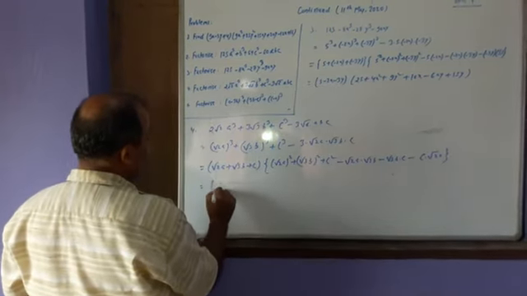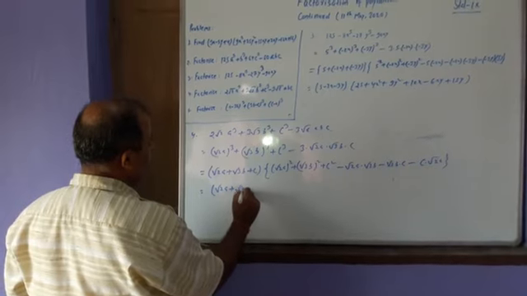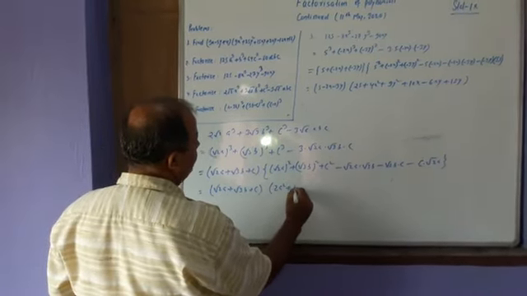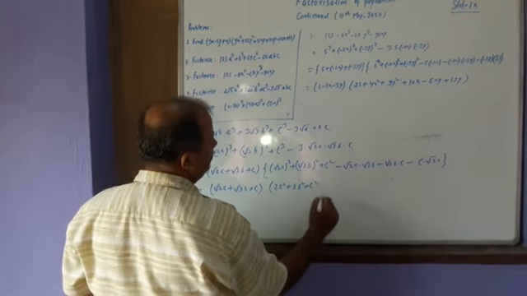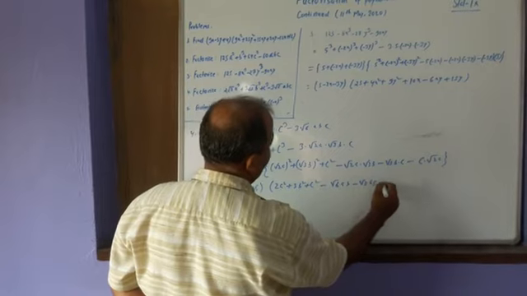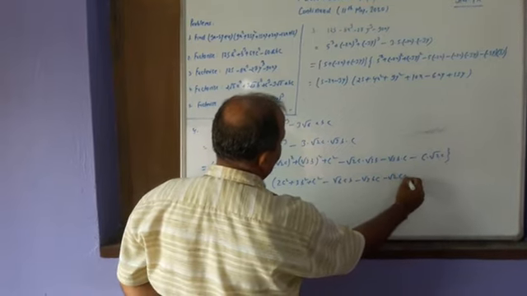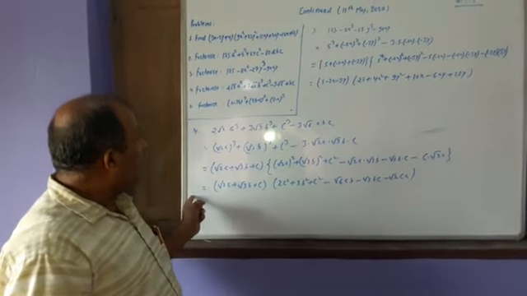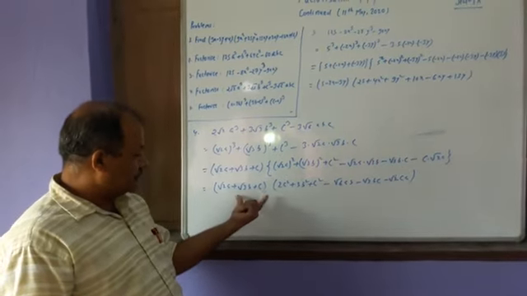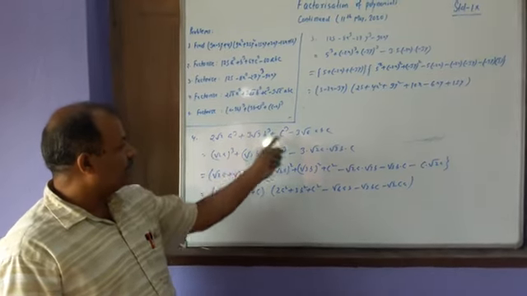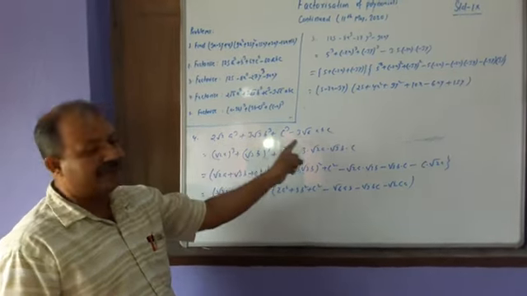This will give root 2a, root 3b plus c, 2a square, 3b square, c square, minus root 6ab, minus root 3bc, minus root 2ca. These are the two factors which are obtained after factorizing this expression.